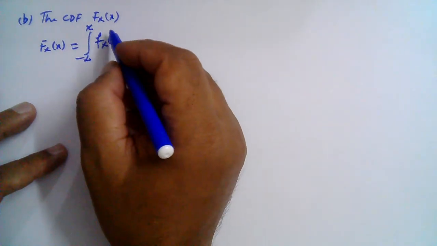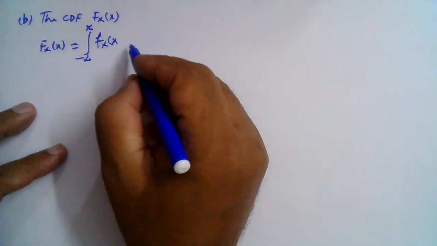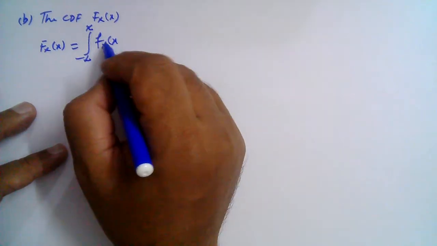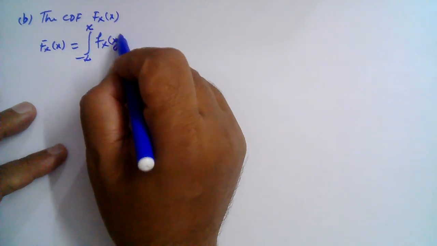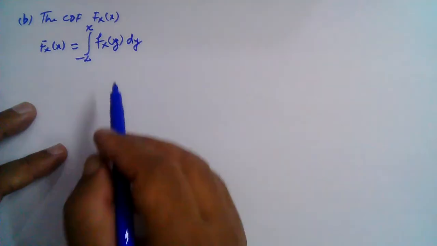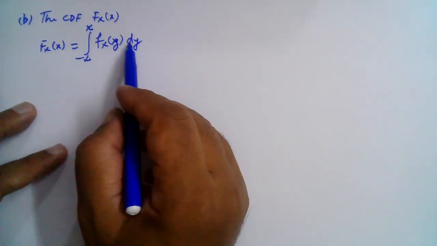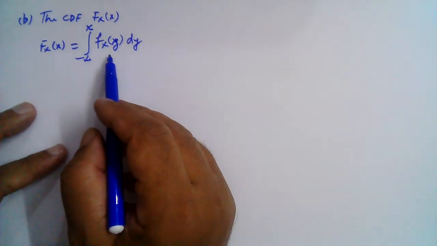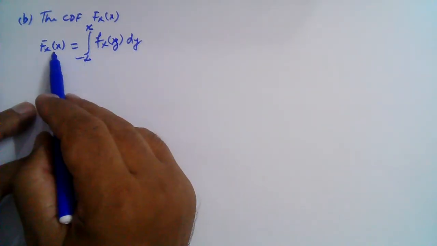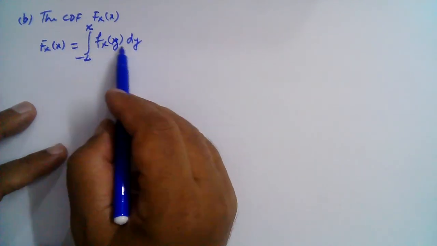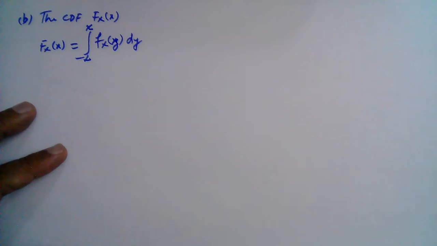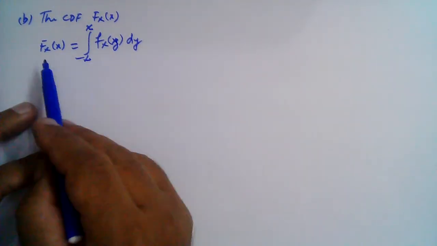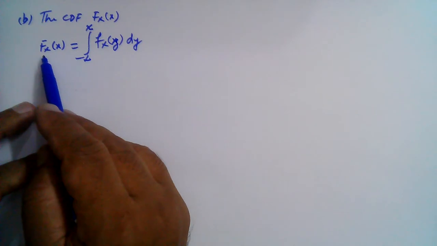So let's use a dummy variable here, not x, because we need to get a function in terms of x. So we can put in a dummy variable y, and we can write dy here. So when we substitute the limits, this dummy variable will disappear. So this is how we find the CDF if we know the PDF. So the PDF is known here, and we can find the CDF by integrating this PDF. And if we want to find the PDF given the CDF, we need to differentiate the CDF to find the PDF.